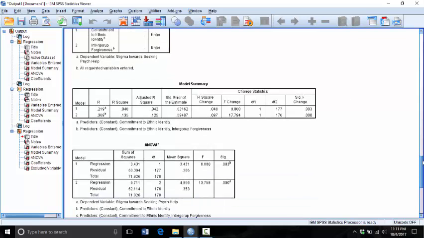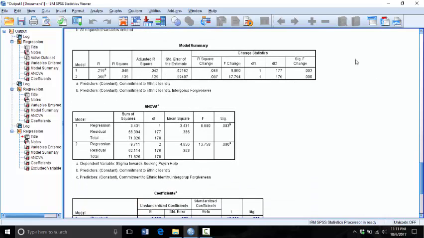If we go to the model summary, we have some extra information over here, which is the r-square change that we just requested. What this is telling us is that in step 1, when we just had commitment to ethnic identity, that explained 4.8% of the variance in our outcome, so in stigma towards seeking help.